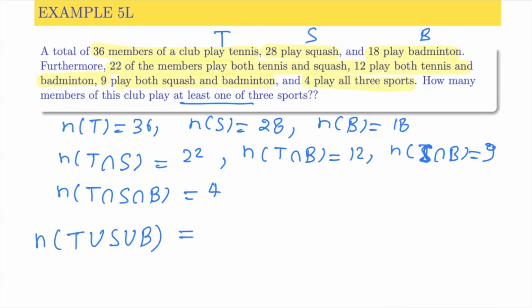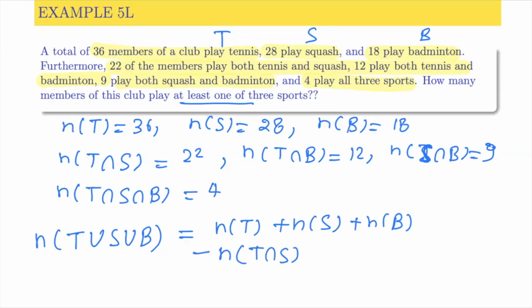I hope you remember the formula from class 12. It is the sum of single terms, minus the intersections of 2 at a time: T intersection S, S intersection B, and T intersection B. Then you add the intersection of all three together.